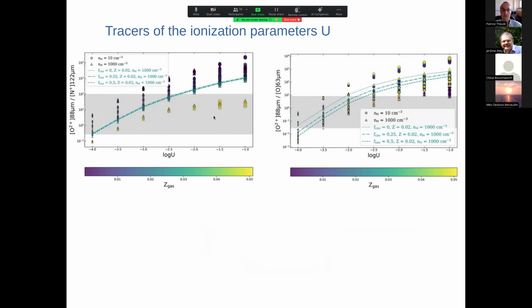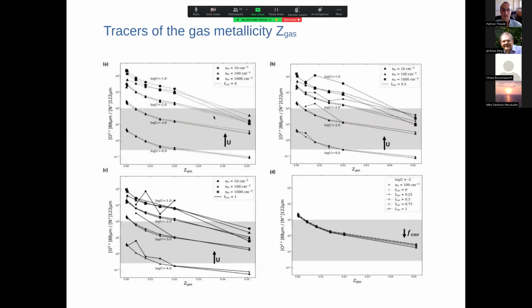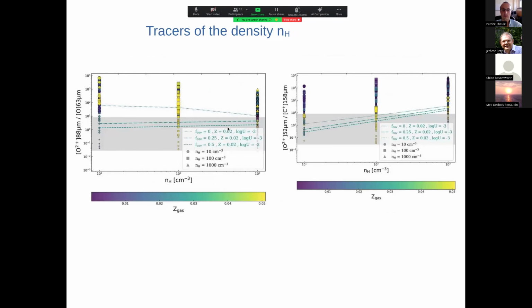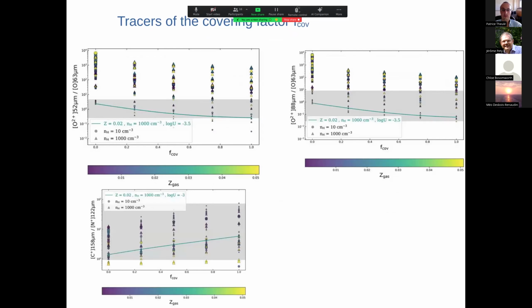So we do that for log U. We can do that for metallicity. You see it's more complicated, because you have correlation between the metallicity and the ionization parameter. We can do that for the density and for the covering factor. So you see that you have a lot of correlation, so of course you will need a lot of line ratios if you want to lift this correlation.